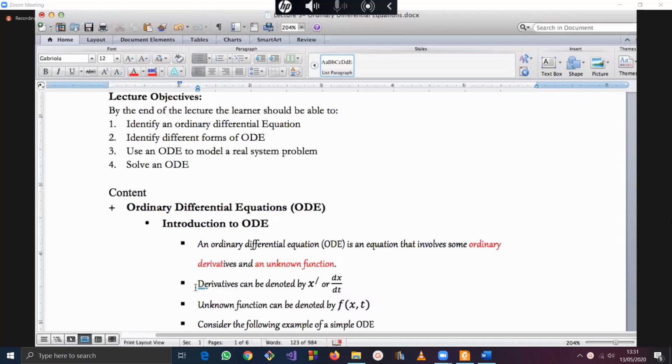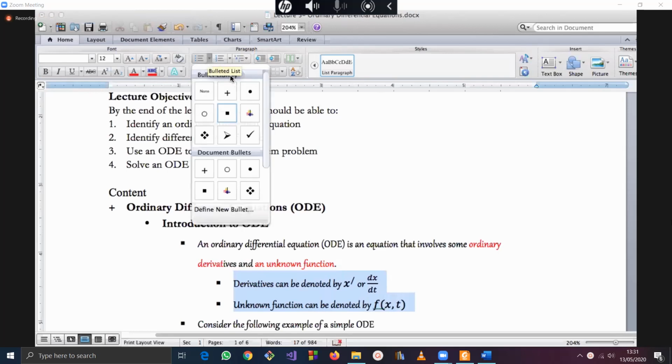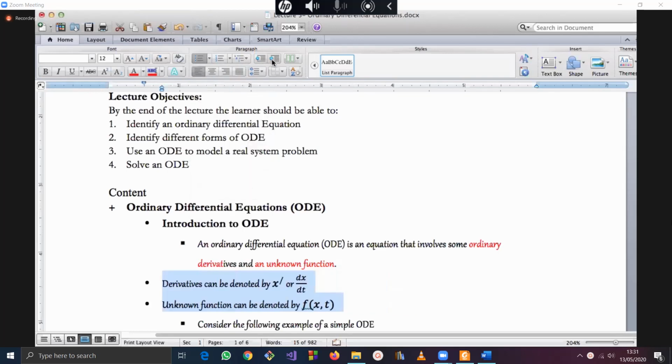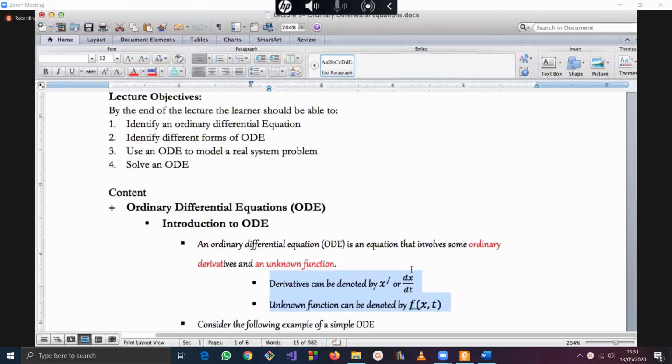These two things are what you will be looking at to decide whether you are having an ODE. They must exist in the same equation.